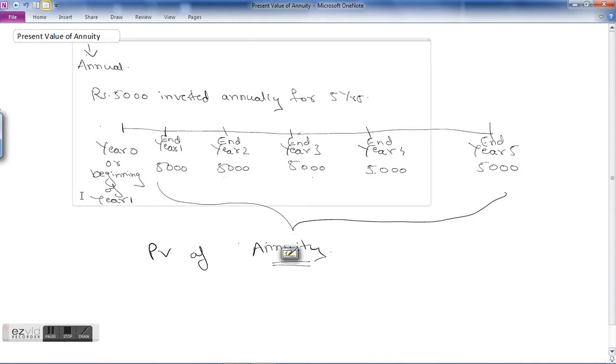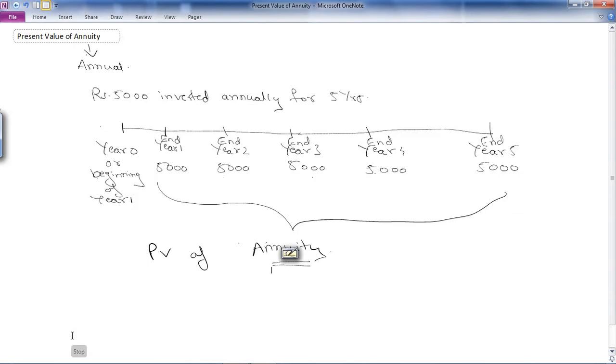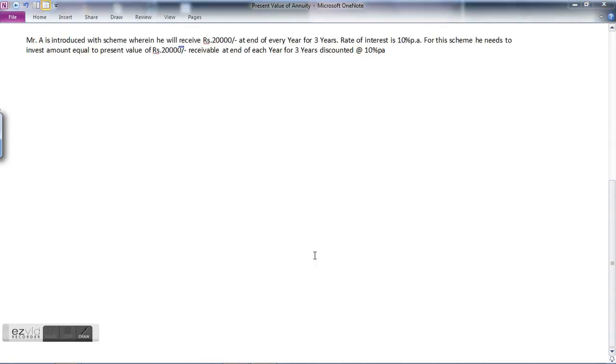We'll take one example and try to find the present value of an annuity. Mr. A is introduced to a scheme wherein he will receive rupees 20,000 at the end of every year for 3 years. The rate of interest is 10% per annum.